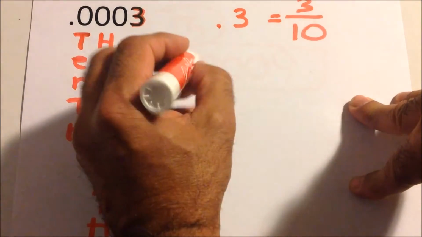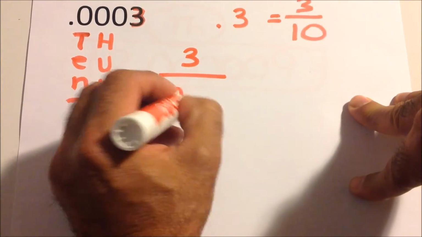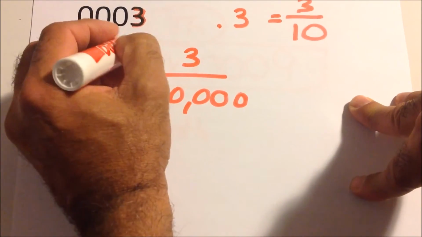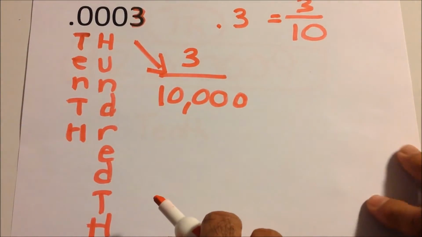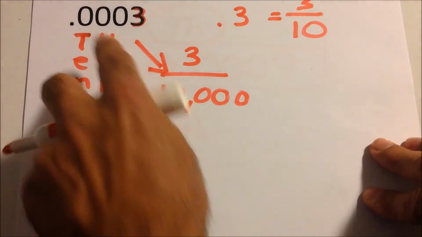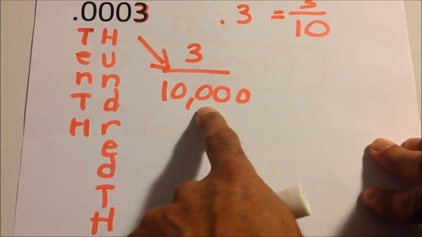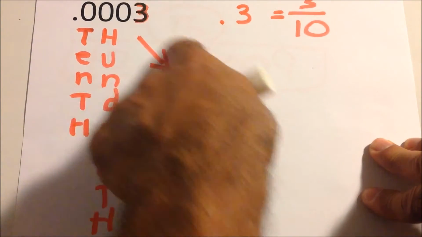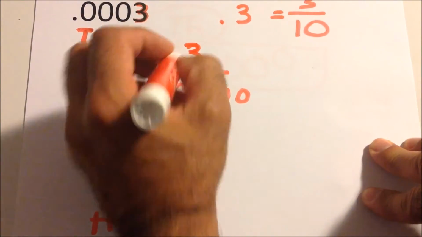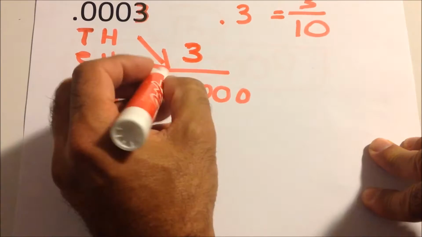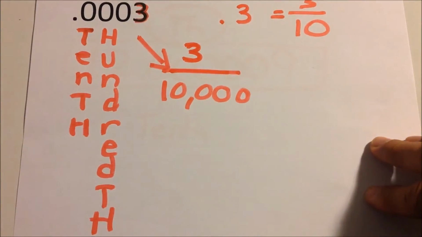Ten-thousandth. So then you can make the fraction. There it is. 3/10,000. So again, find the last place value, 10,000. Put it in the denominator and put the number you see, without the leading zeros, in the numerator. Okay?